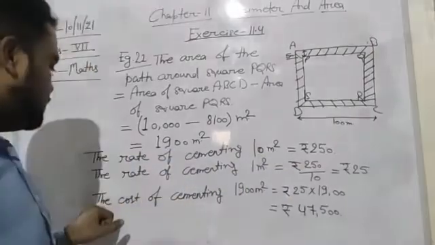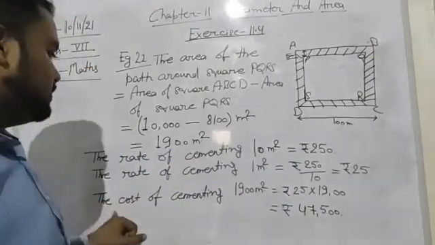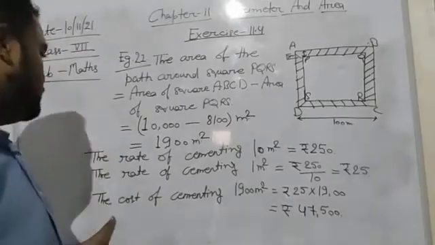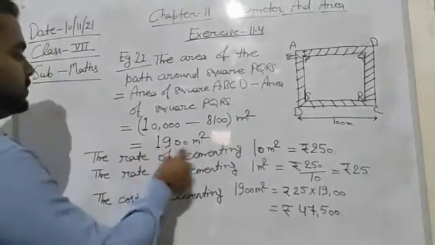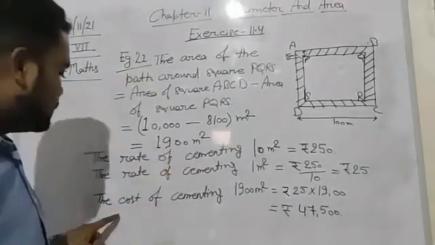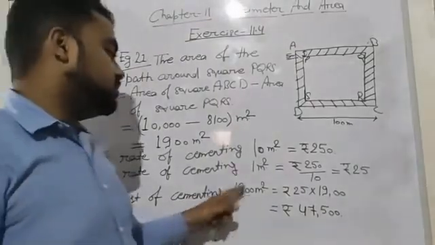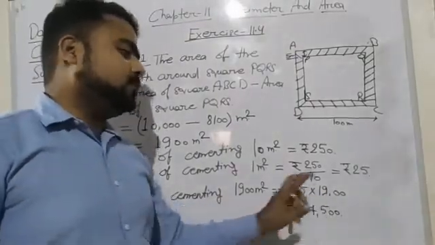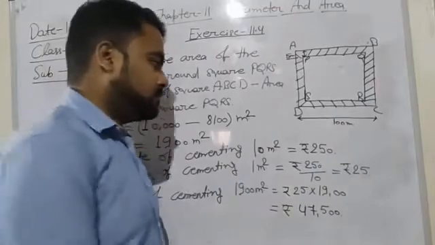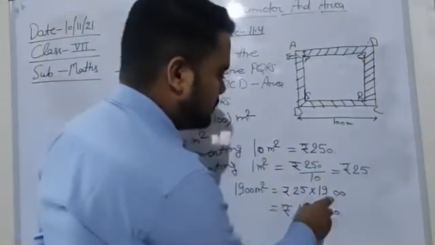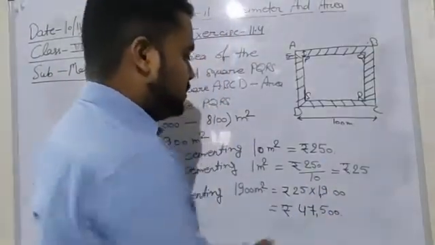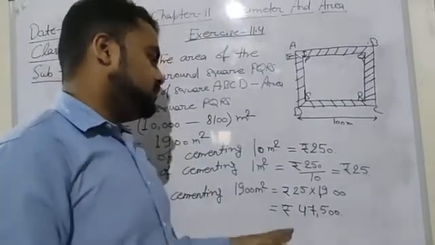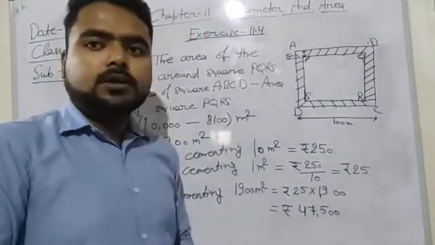As we have to find the cost of cementing the whole area, that is 1900 meter square, the cost of cementing 1900 meter square is rupees 25 into 1900. So here we have the final answer: rupees 47,500 is the cost of cementing.